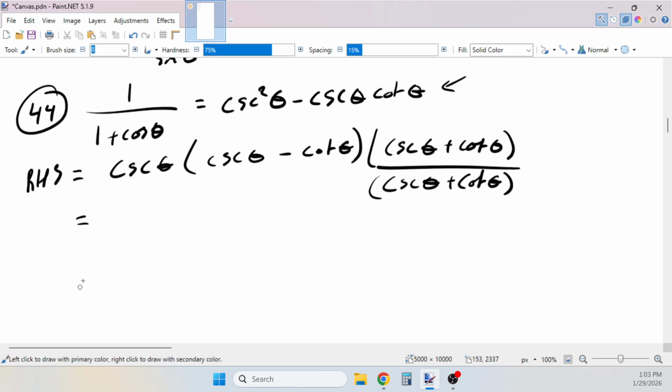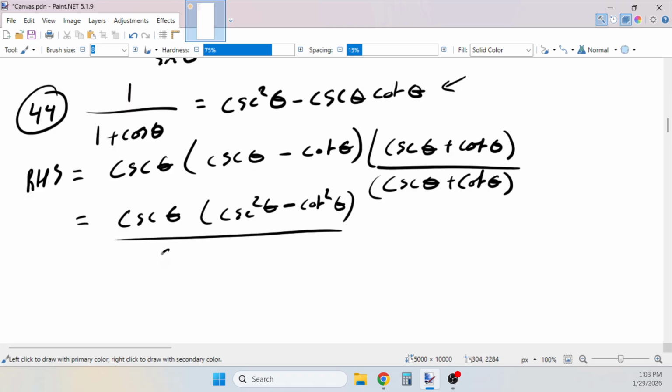That gives us cosecant theta times cosecant squared theta minus cotangent squared theta over cosecant theta plus cotangent theta. Lines are blurring together there.